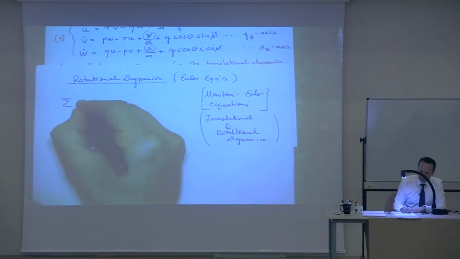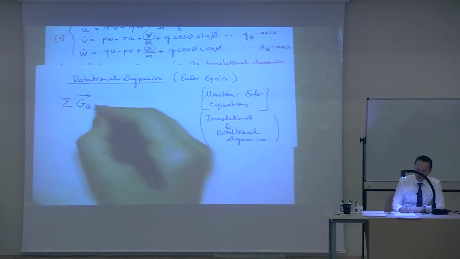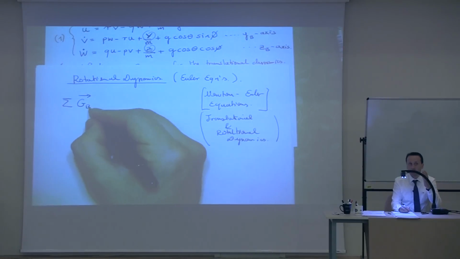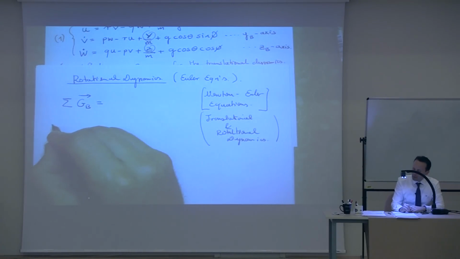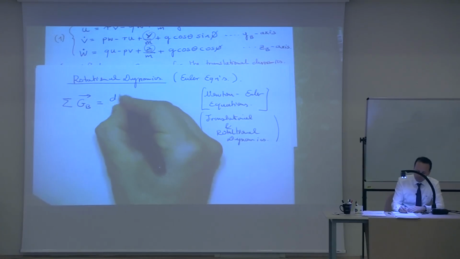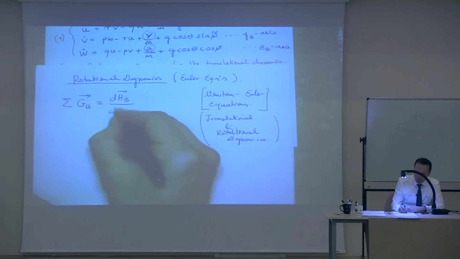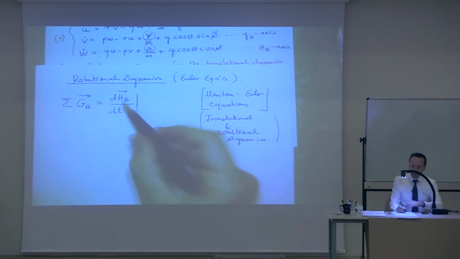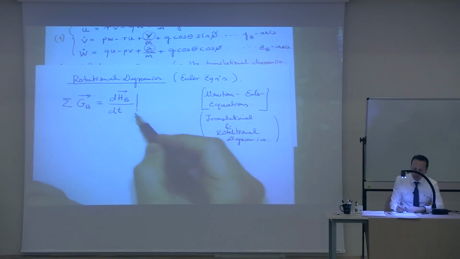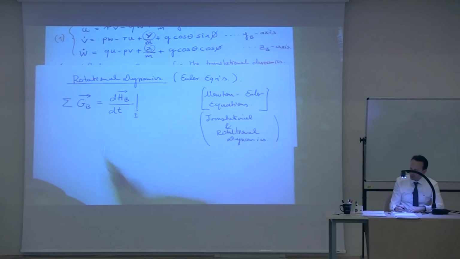The total moments now, the total external moments, okay, that act at the CG of the aircraft, on the aircraft, are equal to the time rate of change of angular momentum, and the derivative has to be taken in the inertial frame. So let me just write this down and we can talk about this a little bit.